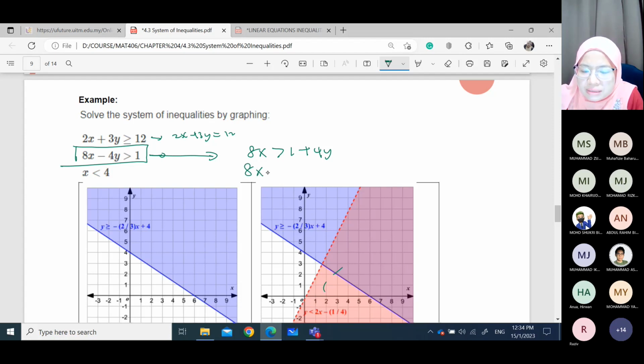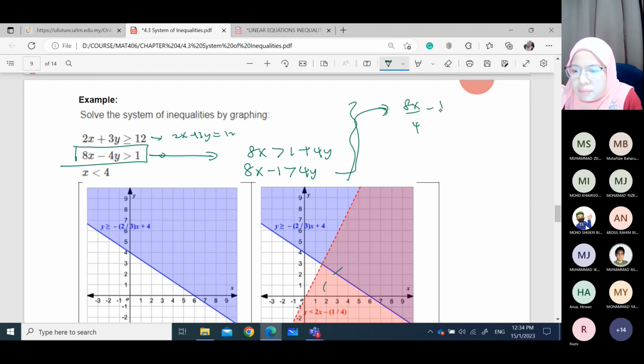Then we have 8x minus 1 greater than 4y. Okay, so this 4, we divide all the terms by 4. Kita bahagikan semua dengan 4. So kita akan dapat this one. Bahagikan dengan 4, 8x over 4 minus 1 over 4 less than 4 over 4y.